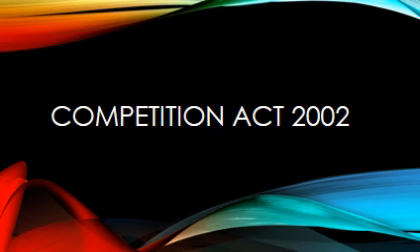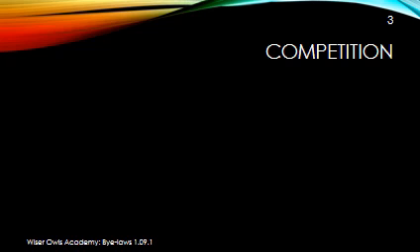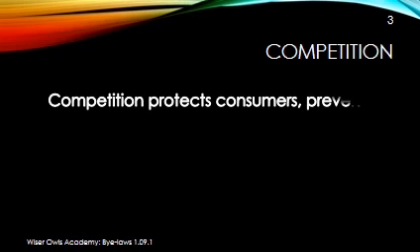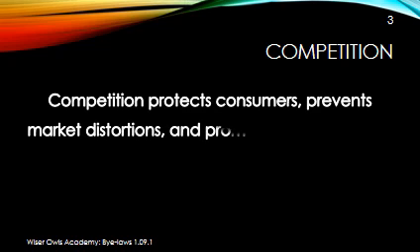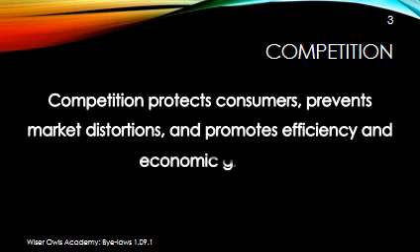This act was passed back in 2002, and it was supposed to replace the Restrictive Trade Practices Act, the MRTP Act, in order to promote growth and improve competition to the advantage of the consumer. Very briefly, what it does is that it protects the consumers and prevents market distortions, and it promotes efficiency and economic growth.